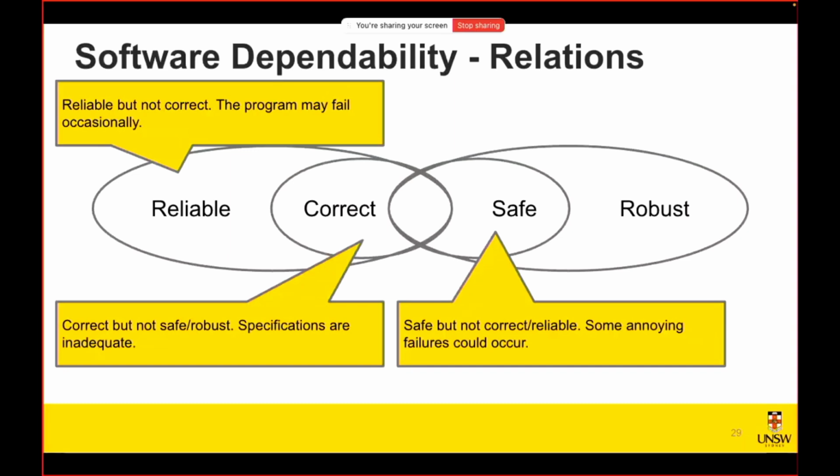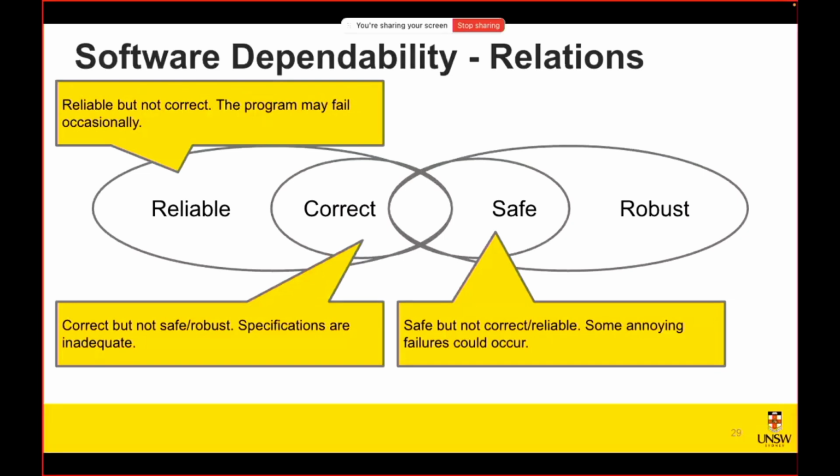For example, if you write safe code in Rust, not the unsafe block, then your program is definitely considered safe, because Rust by design is going to help you avoid all the undesired situations. So that piece of program could be safe, but it may not be correct, right? Because you may not be aligned with the specifications.